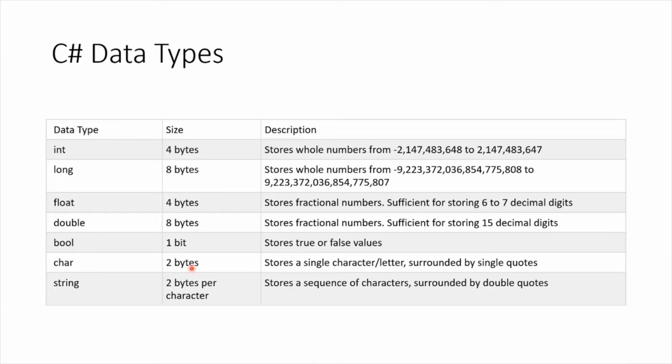Then you have character, 2 bytes, which stores 1 letter surrounded by single quotes. You have string, which stores 2 bytes per character, and it can be really long. It stores a sequence of characters surrounded by double quotes, and character is surrounded by single quotes.